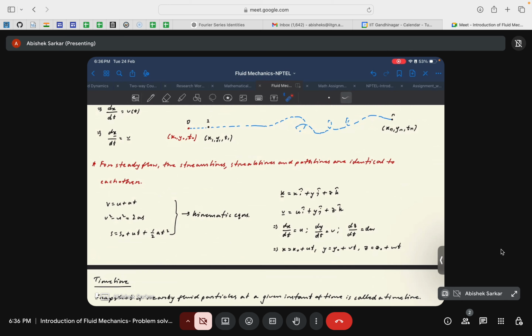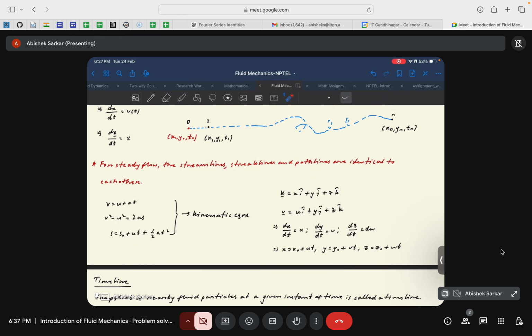Again, this is a simple example where we consider a 3D velocity field. Say the position vector is x i cap plus y j cap plus z k cap, in Cartesian coordinates. You can find the corresponding equations in different coordinate systems as well; the equations will just change accordingly, like r cap, theta cap, z cap, or r cap, phi cap, theta cap.